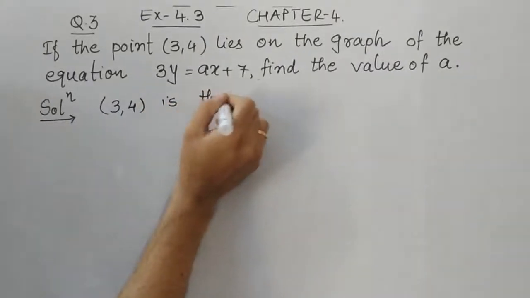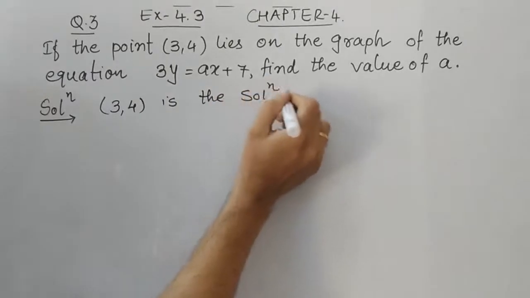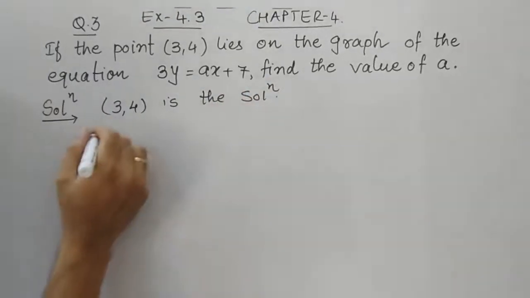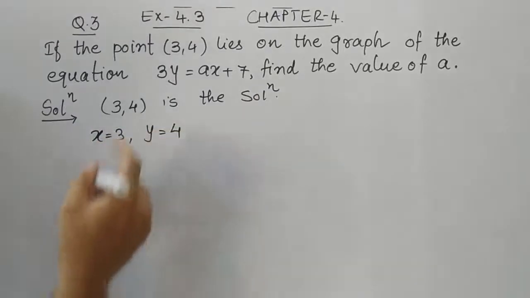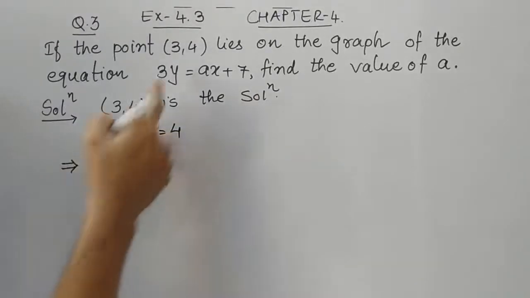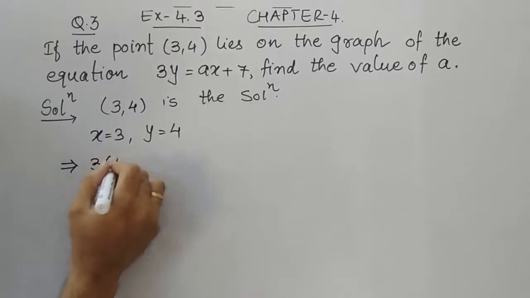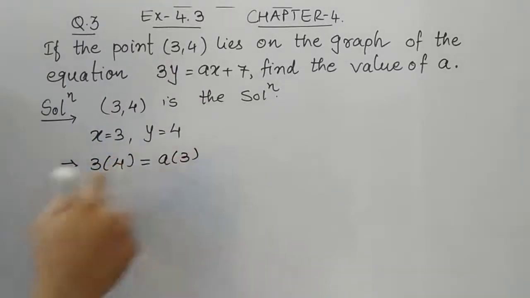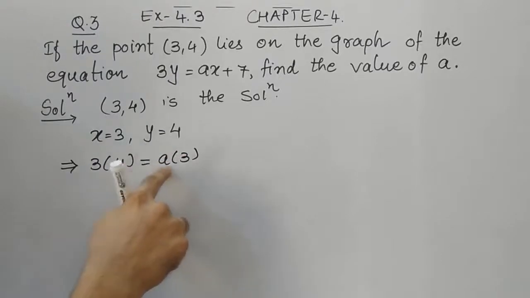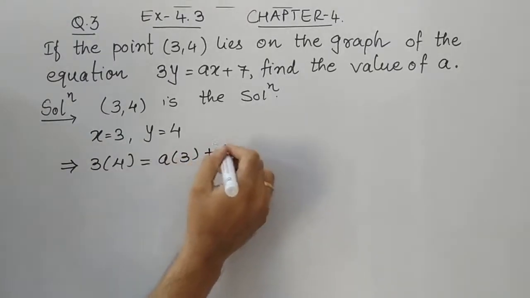So we can say that (3, 4) is the solution of the given equation, so the value of x is 3 and y is 4. Let us substitute these values of x and y in this equation. 3 into y is equal to a into x plus 7.